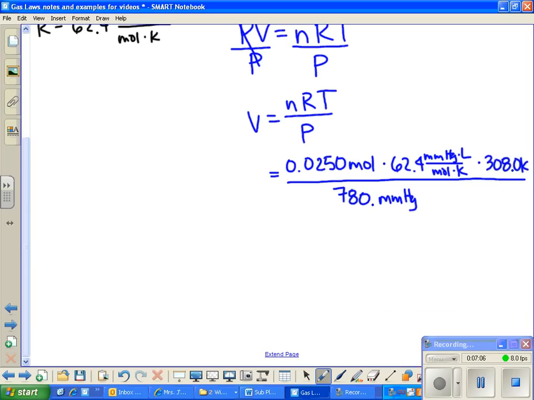You can see that unit-wise, moles divided by the moles in the R will divide out. Kelvin will divide out, and millimeters of mercury will divide out. This is how you know you're on the right track. The only unit that didn't cancel was your volume. Take a moment and make sure you get the right answer. Plug this into your calculator.